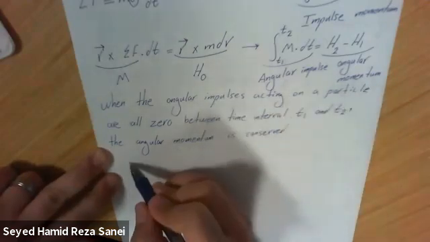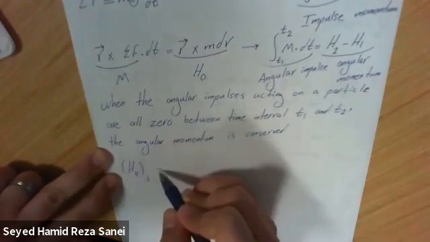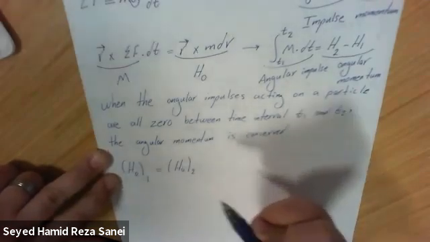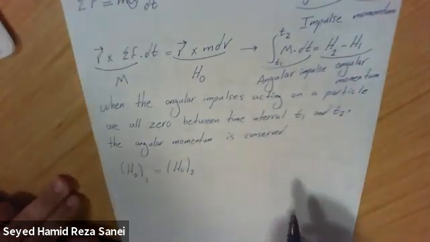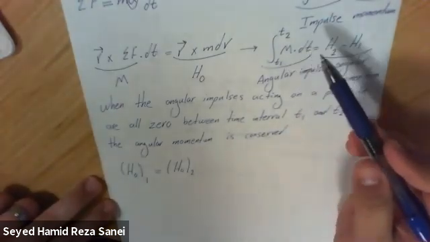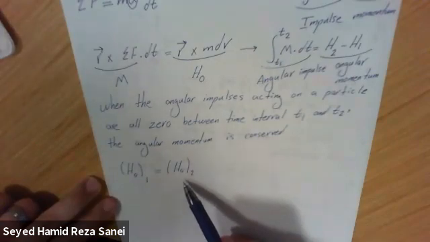And then we can write H_O1 for our system is equal to H_O2 for our system. In the absence of angular impulses, the initial and final angular momentum are going to be the same.